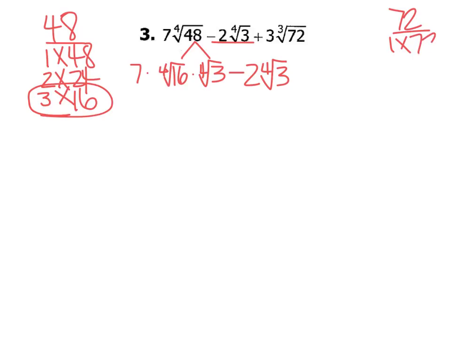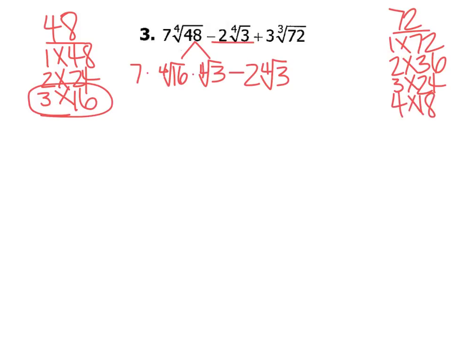1 times 72. 2 times 36. 36 is a perfect square, but not a perfect cube. 3 times 24. Nope. Let's see, does 4 go into it? I believe so. 72 divided by 4. Yep, 18.